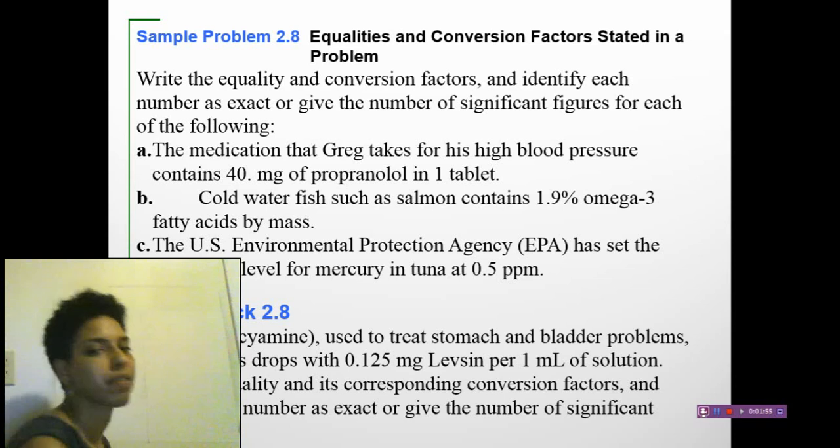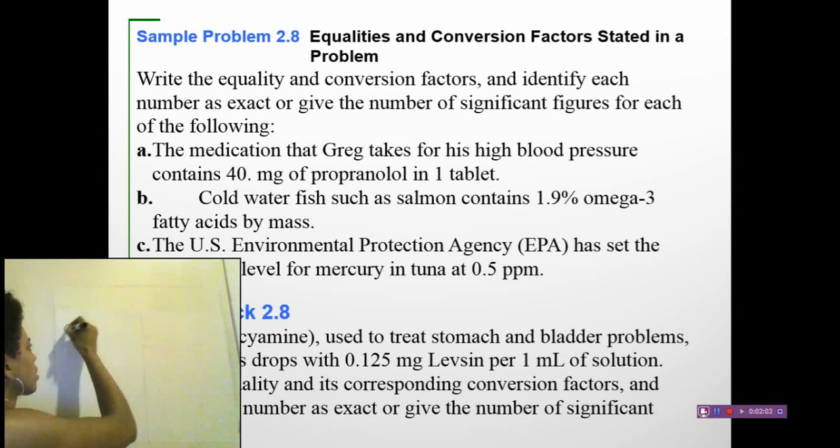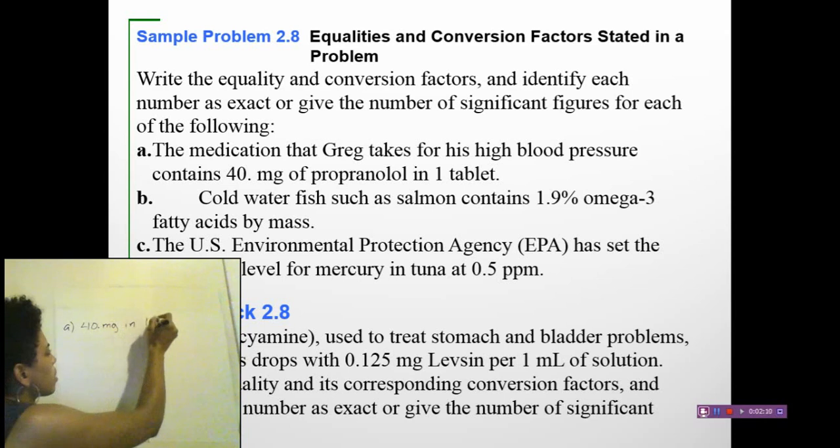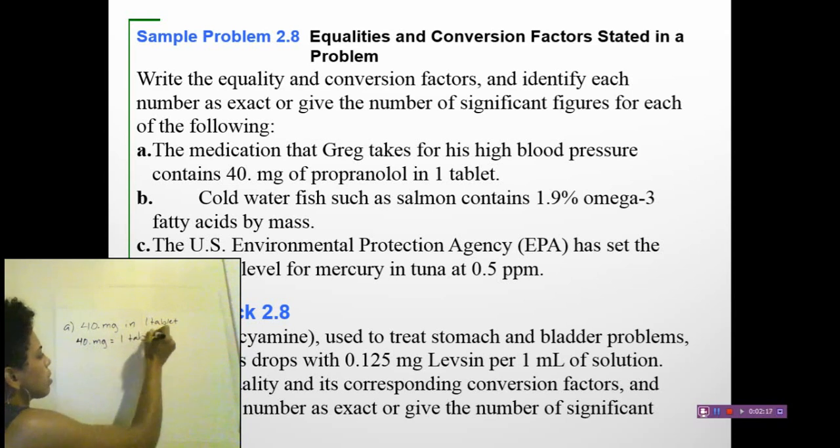For A, we have medication that Greg takes for high blood pressure contains 40 milligrams of propanol in one tablet. So 40 milligrams in one tablet. The problem says to write the equality, 40 milligrams equals one tablet.